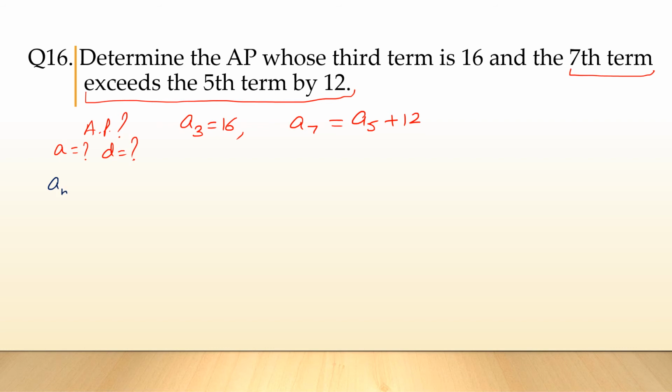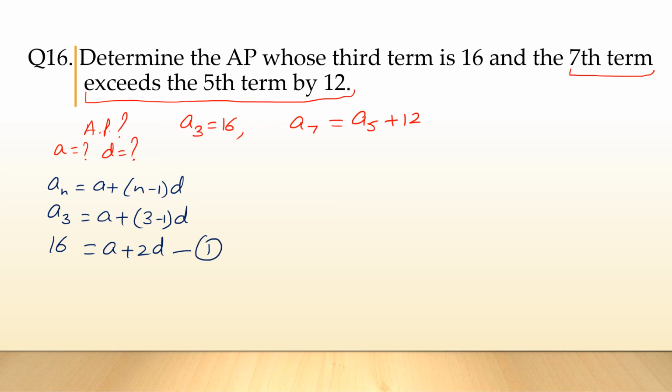Let's use the formula for nth term, which is a plus (n minus 1)d, right? So a3 is equal to a plus (3 minus 1)d, common difference we don't know, this is 16, equal to a plus 2d. Now you can leave it like this. We'll start with the second condition.